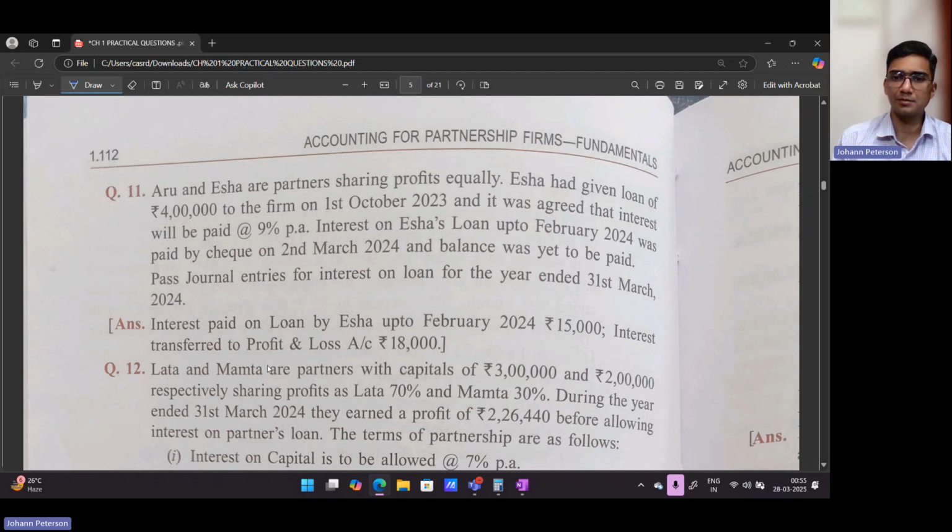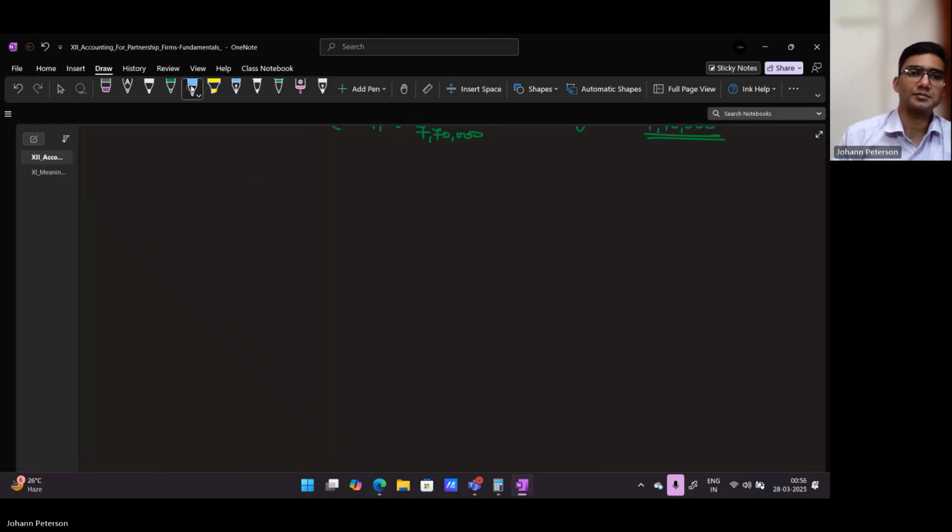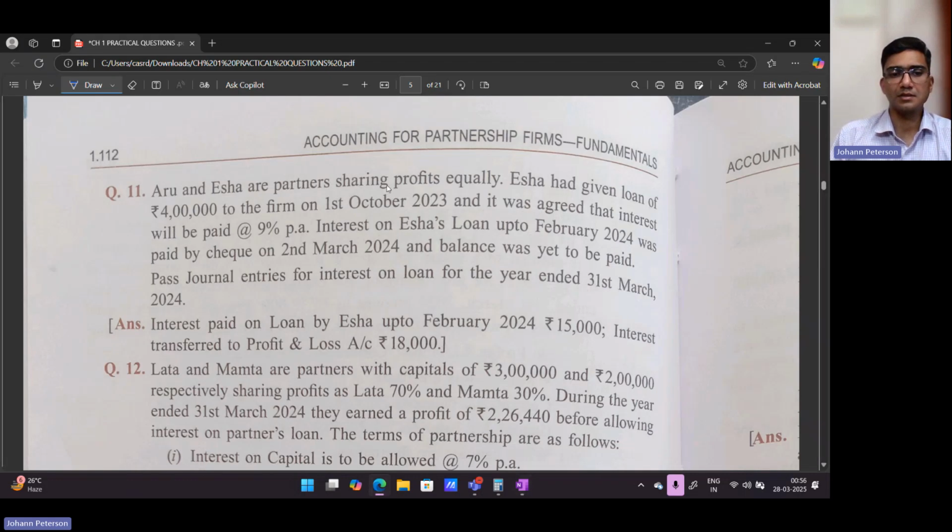Interest on E's loan up to Feb was paid by cheque on 2nd March, and the balance is yet to be paid. Pass journal entries for the interest on loan for the year ended 31st March 24. Okay, so this is question 11. We only have to pass journal entries.